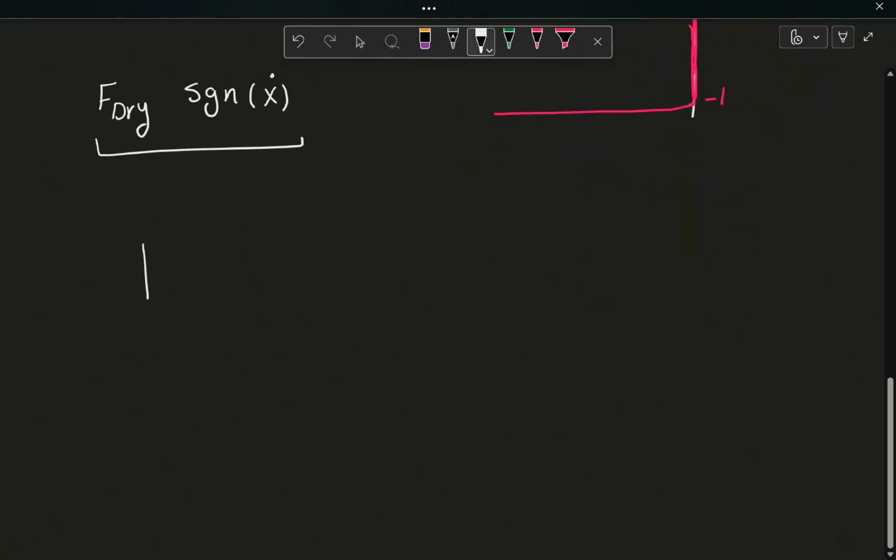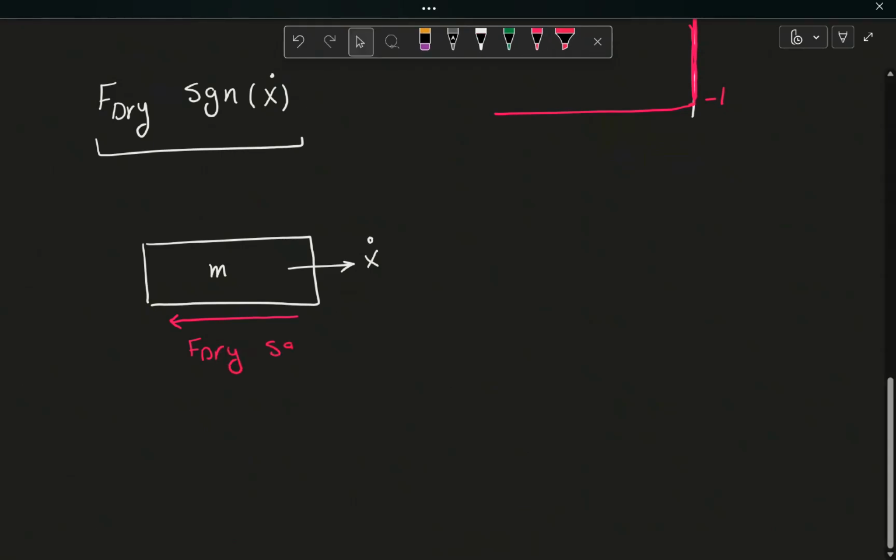For instance, imagine that I have a box. This box has a velocity going to the right, okay? And I show the f dry as f dry times SGN of x dot.